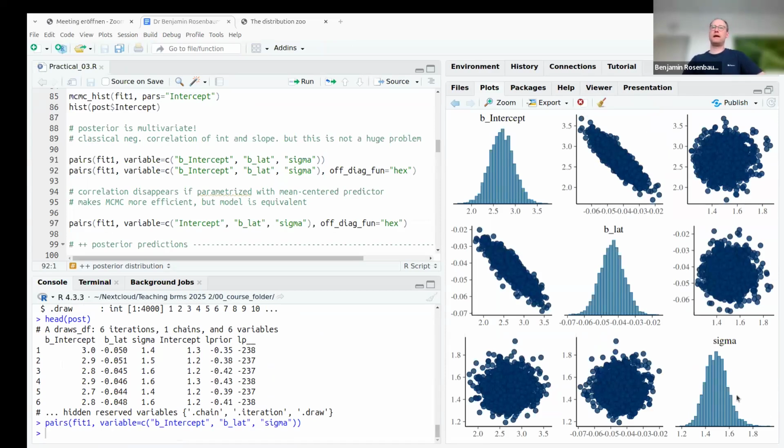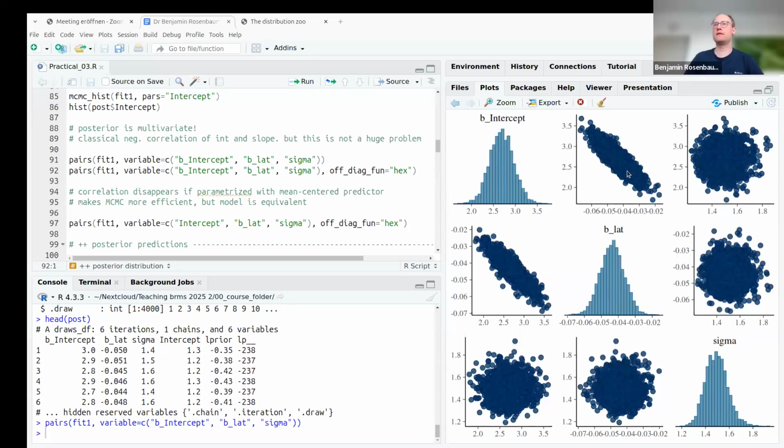This gives you on the diagonal the classical histograms, but on the off-diagonals you see the pairwise plots of parameter 1 versus parameter 2, for instance here intercept versus slope.